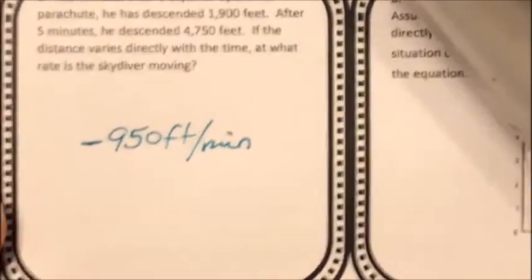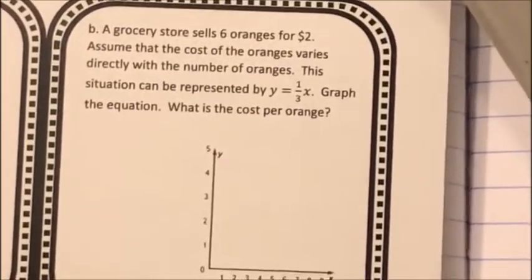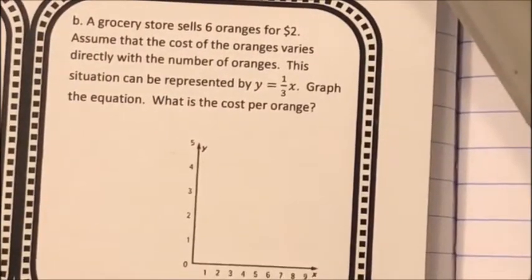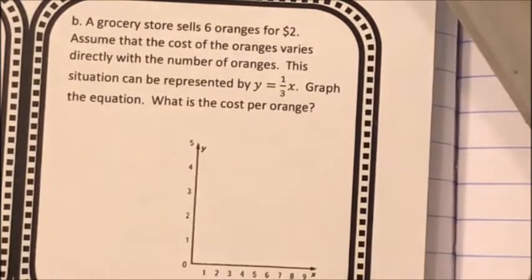The other try it problem I have, B: a grocery store sells 6 oranges for $2. Assume that the cost of the oranges varies directly with the number of oranges. This situation can be represented by y equals 1/3 x. Graph the situation. And what's the cost per orange? The first thing I want to do is graph the information and create a table.